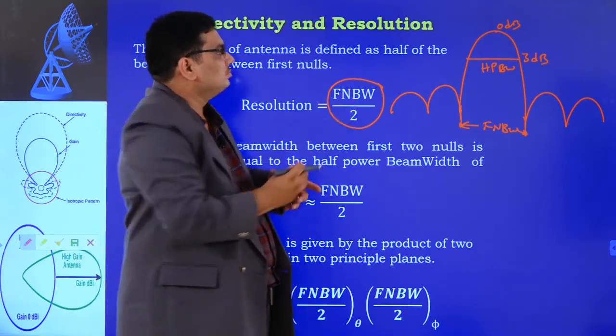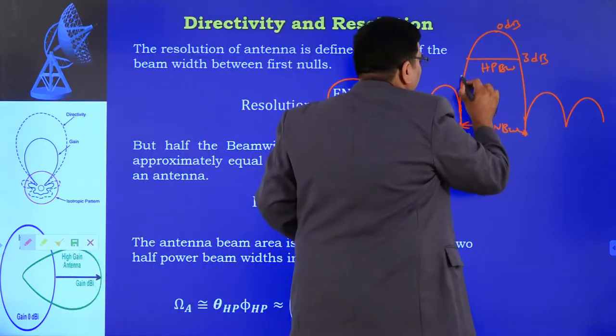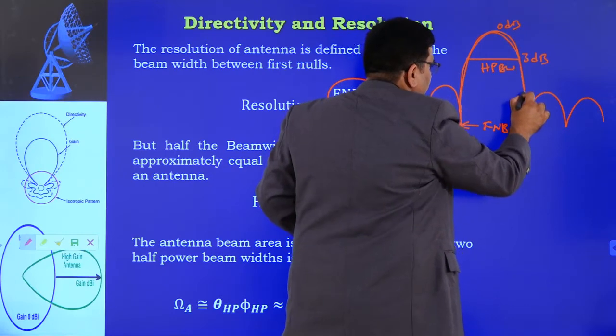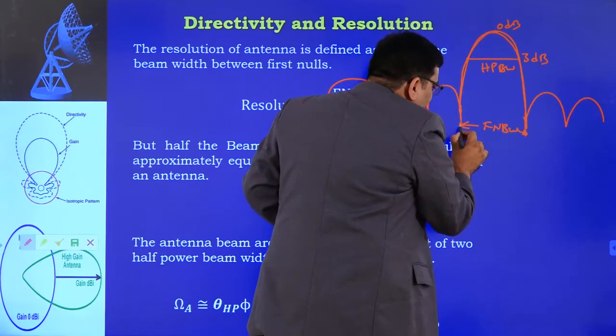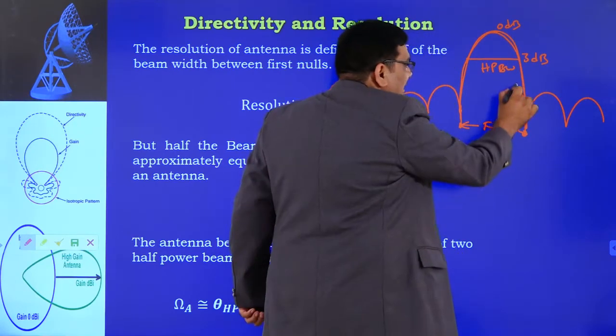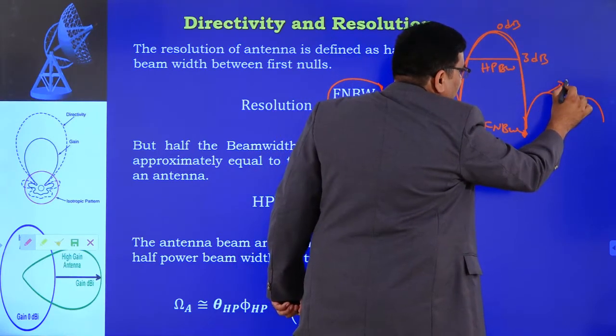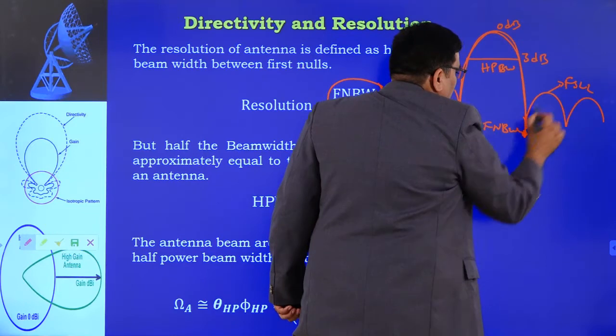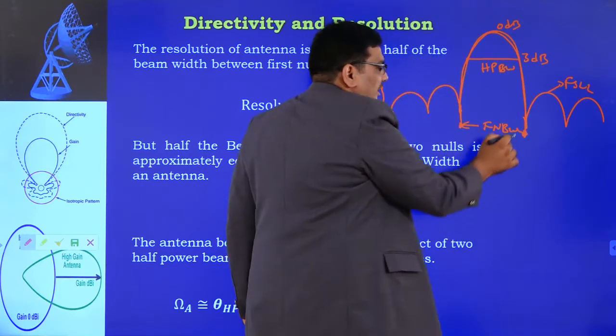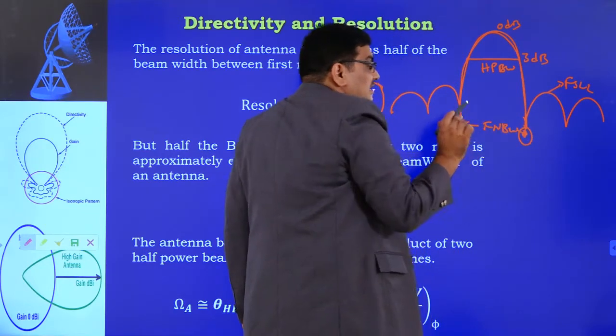In this diagram, this is your maximum amplitude lobe, that is called the major lobe. At the end of the first major lobe, the next lobe is called the side lobe. This is the first side lobe level. Here that is called a null, where the strength of the signal is 0.